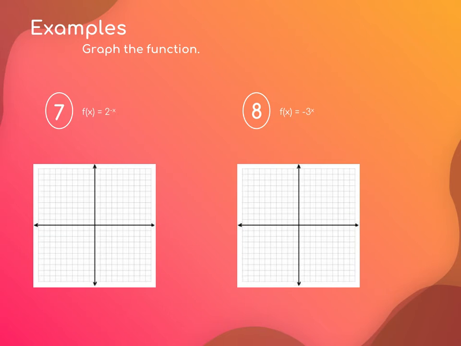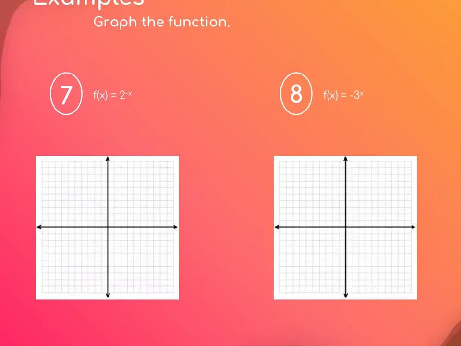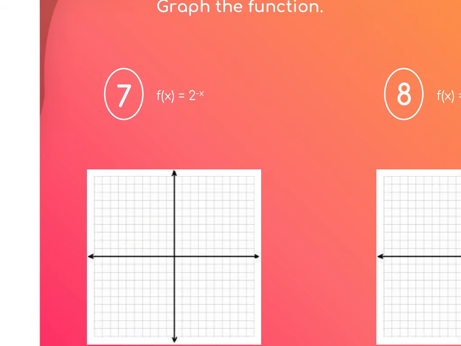Let's keep going. All right, so for number 7, notice here we have our base raised to a negative exponent. Now, what you're going to end up seeing is once we're done, this graph is going to look the same as the f of x raised to the 1/2, or the 1/2 raised to the x power.